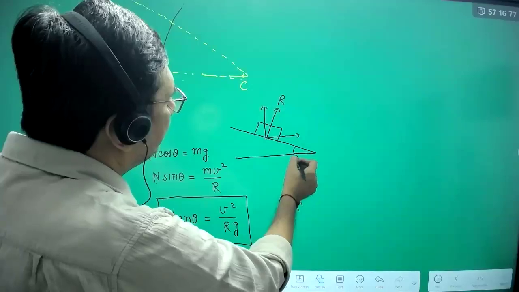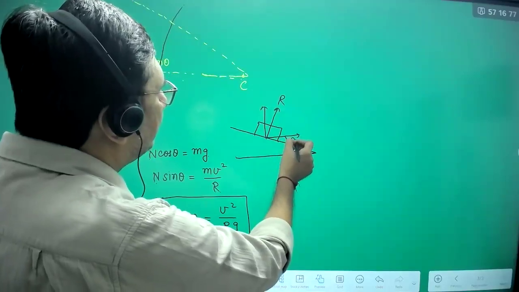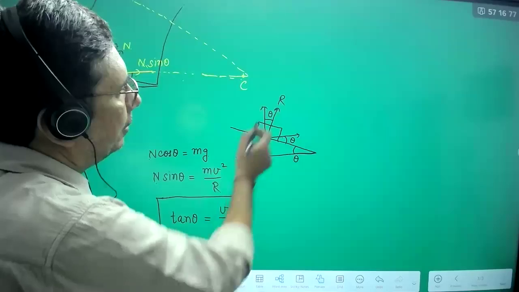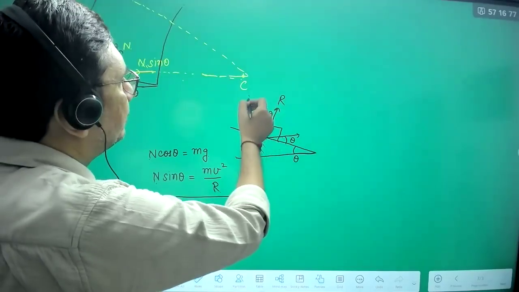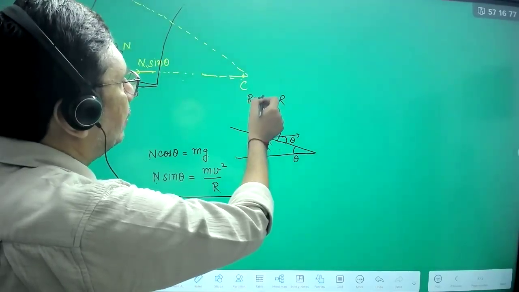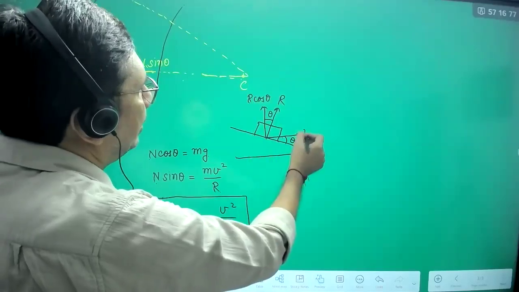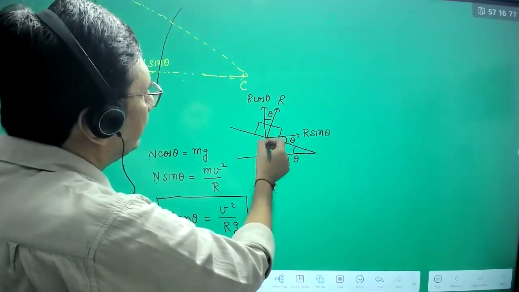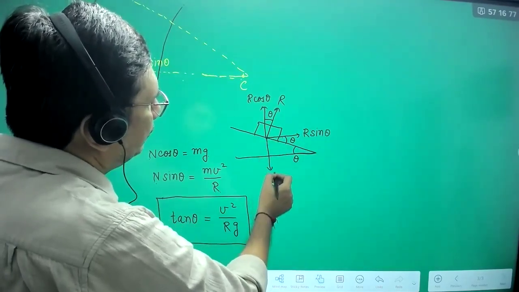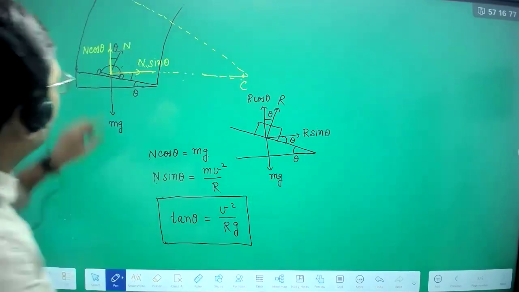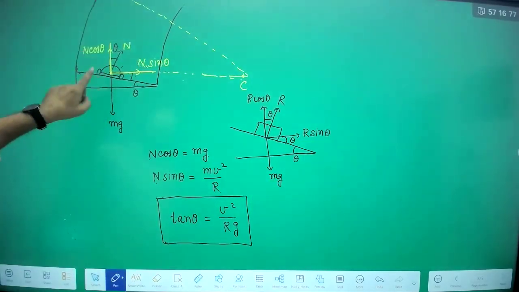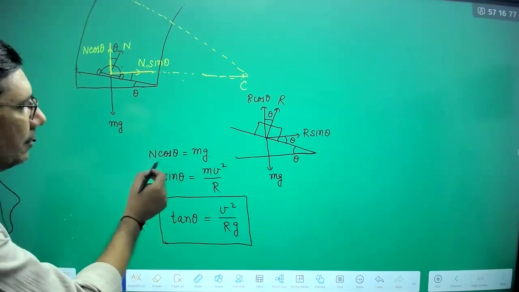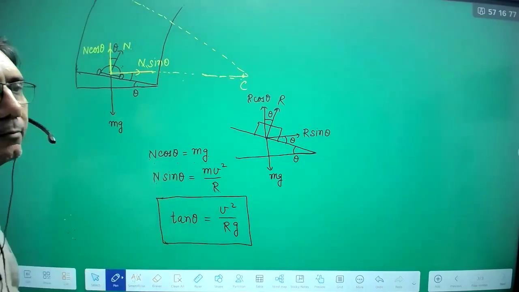Here you can understand in a much better way. This is theta, try to understand. Then automatically this will be theta. This angle will be 90 minus theta and this will be theta. So this will be N cos theta, and this will be N sin theta. And if you look at the weight mg of this block, similarly here the weight of this car is balanced by this N cos theta. So I'm writing N cos theta equal to mg.